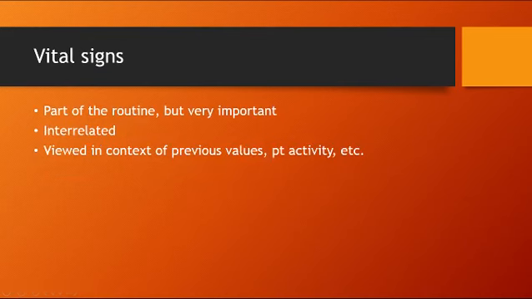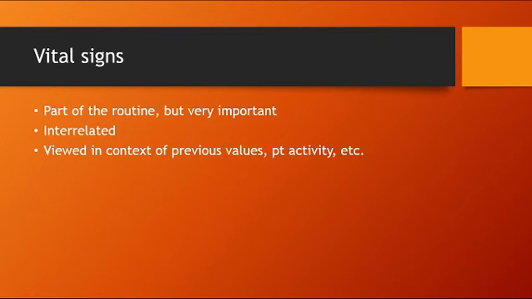Vital signs. This is probably your most high yield information. I mean, for a quick thing to do, it probably gives you more information than most of the things you do. And as we'll see, the temperature, pulse, respiration, blood pressure, all of these things are interrelated, where if one goes up, it's going to affect the other.